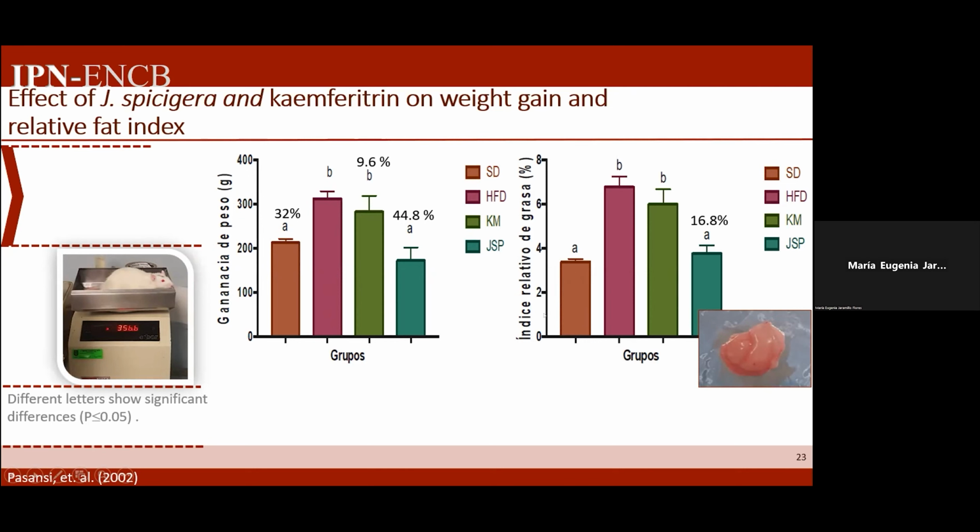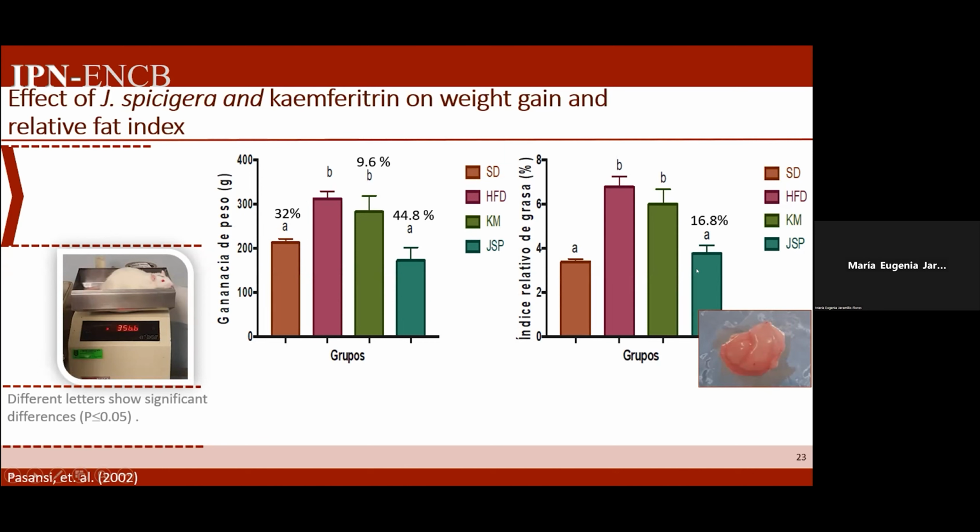In the case of the content of lipids of adipose tissue, obviously too, the highest was the high-fat diet, followed by kaempferitrin treatment, and then Justicia spicigera treatment.